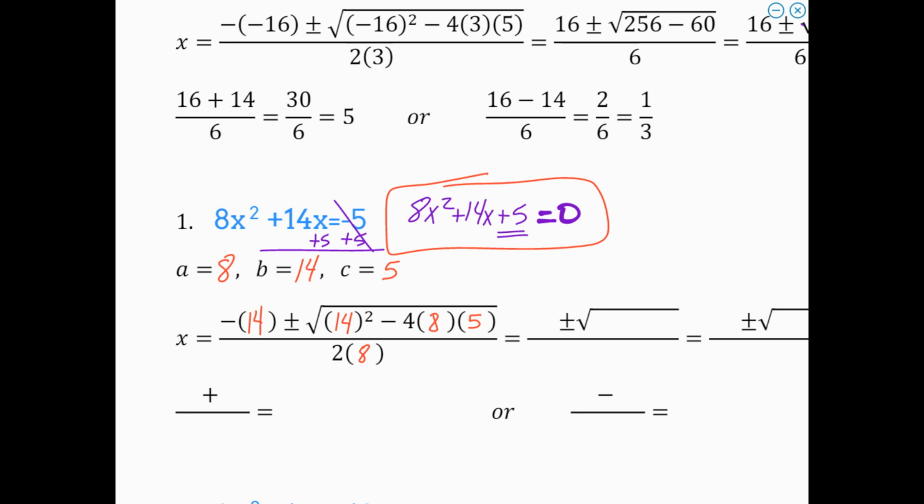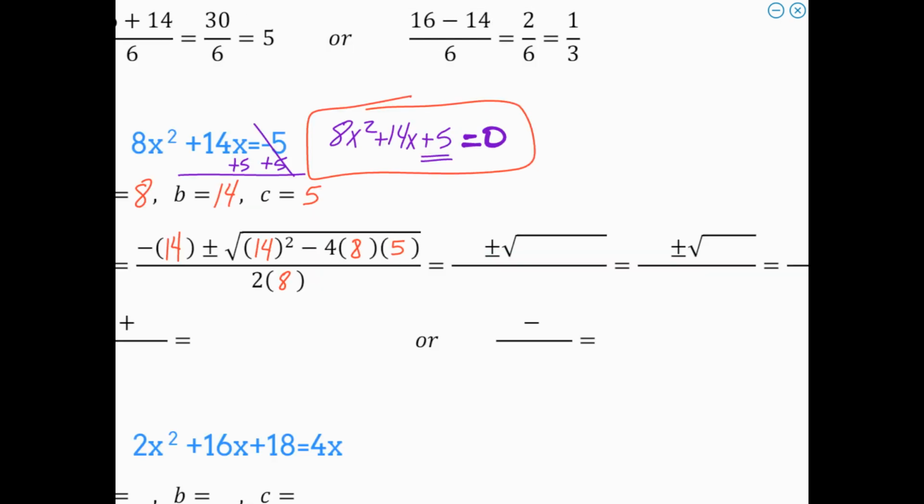On the next one, okay, some people may be getting ahead of us, and that's okay. So what is simplified going to be right here? Negative 14.